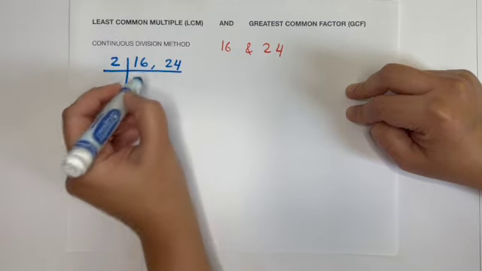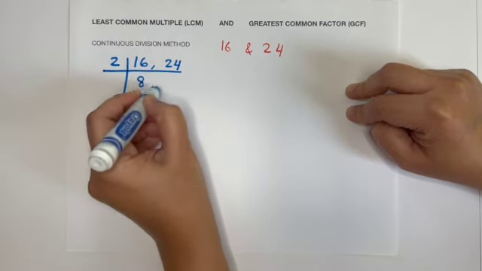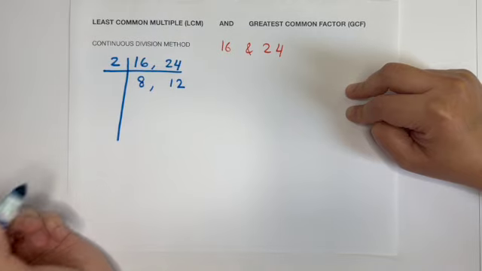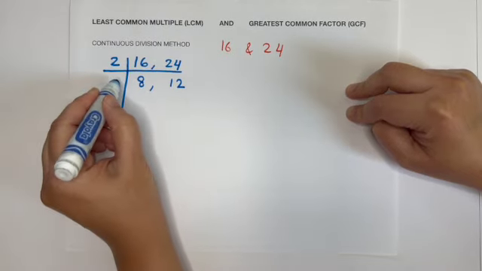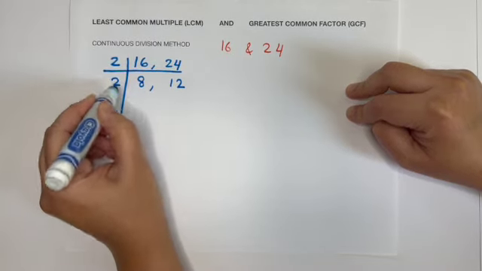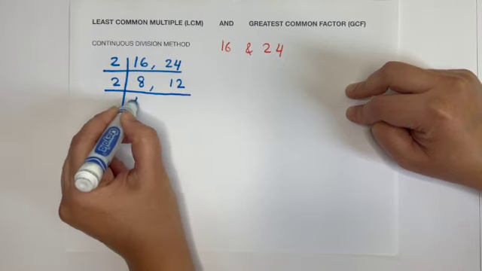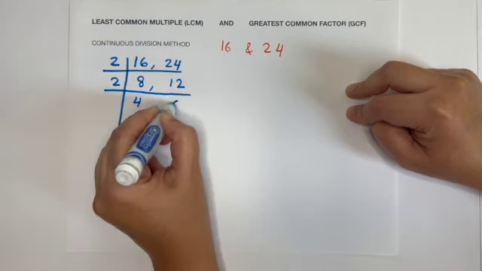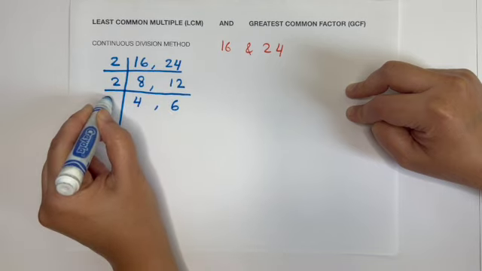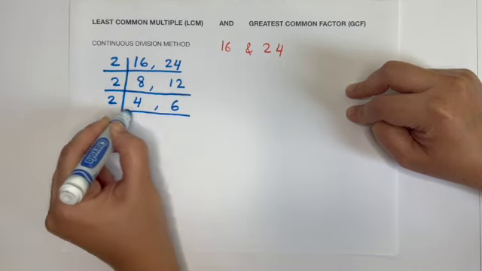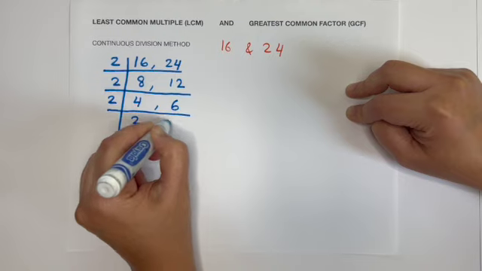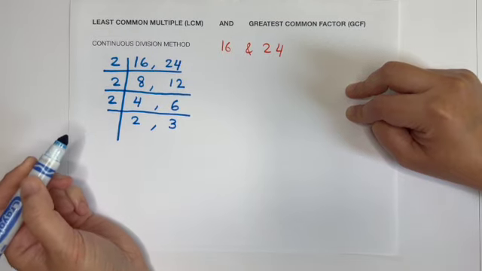Here, both numbers are divisible by 2 because they are both even numbers. Dividing by 2 again, I get 4 and 6, and again they're even numbers, so I divide them by 2 and get 2 and 3.